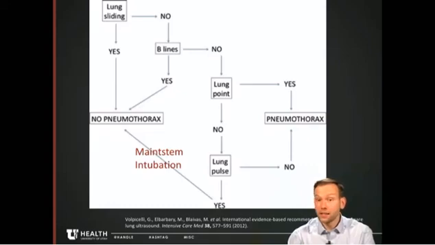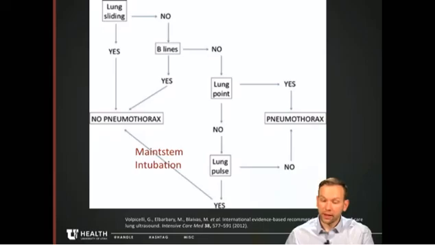And for anesthesia, especially at a teaching hospital, you may find that one of the reasons that you may have no lung sliding, no B lines, no lung point, and a positive lung pulse is a main stem intubation. And so, like apnea, this is a situation in which you're not ventilating the lung that you're looking at.